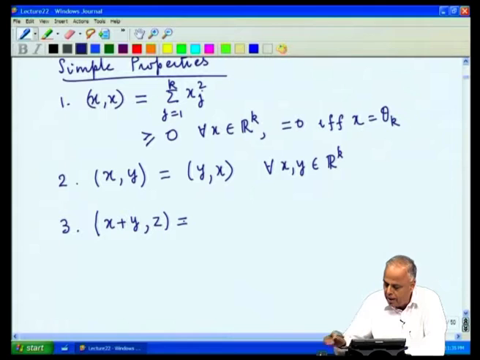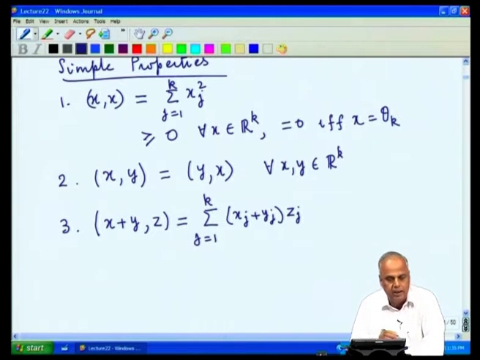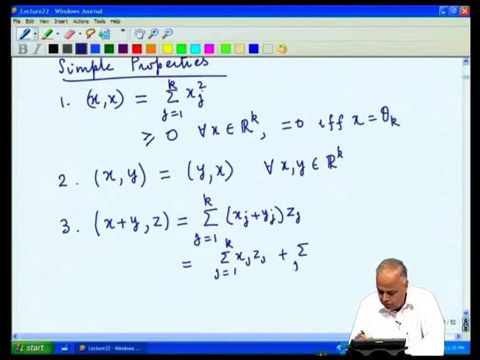that is the same as, by definition, sum over j equal to 1 to k, x plus y has coordinates x j plus y j and z has coordinates z j, which is equal to sum j equal to 1 to k x j z j plus sum j equal to 1 to k y j z j.